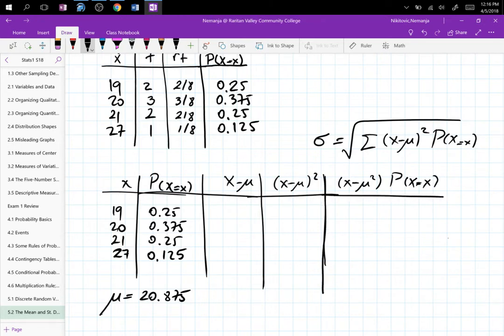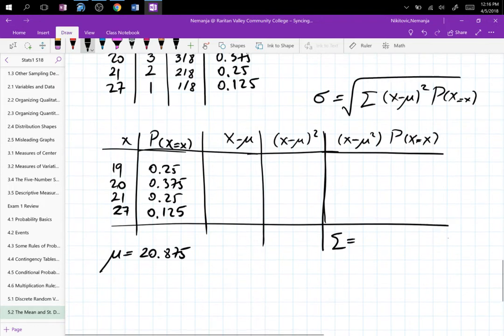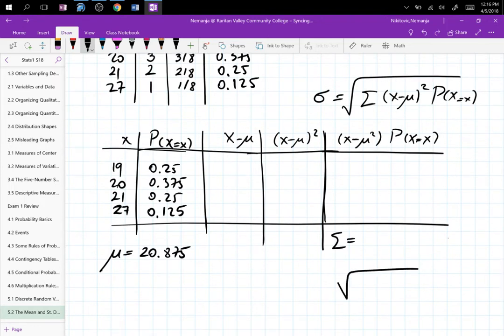Then we add those up, and finally take the square root of that number. So that's the roadmap.